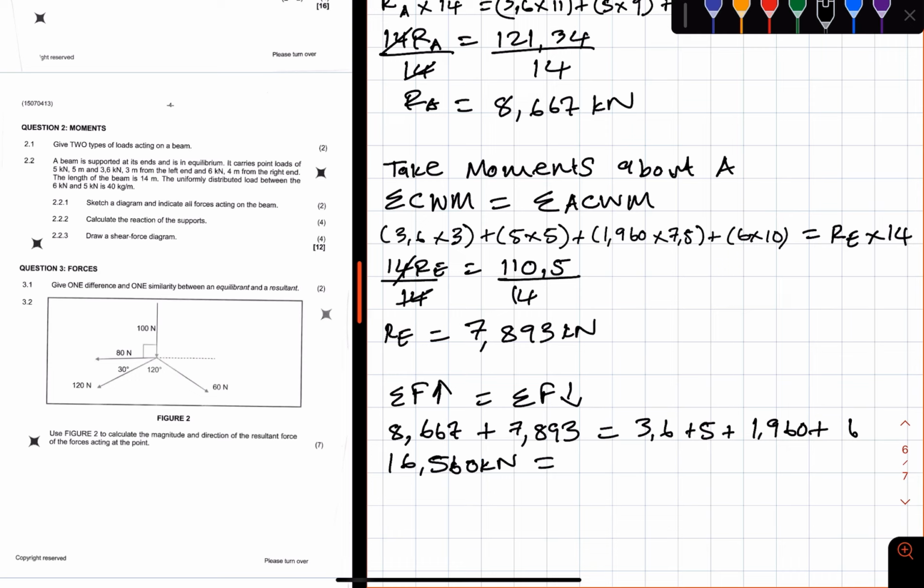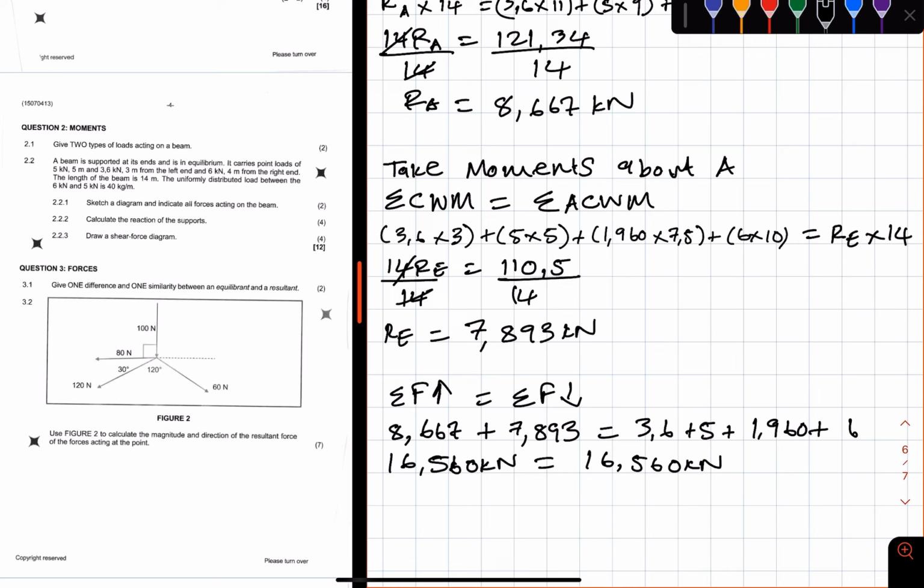We should get the same thing this side. So 3.6 plus 5 plus 1.96 plus 6. So we are getting the same thing, 16.56 kilonewtons. Now, forces going up and forces going down are equal.